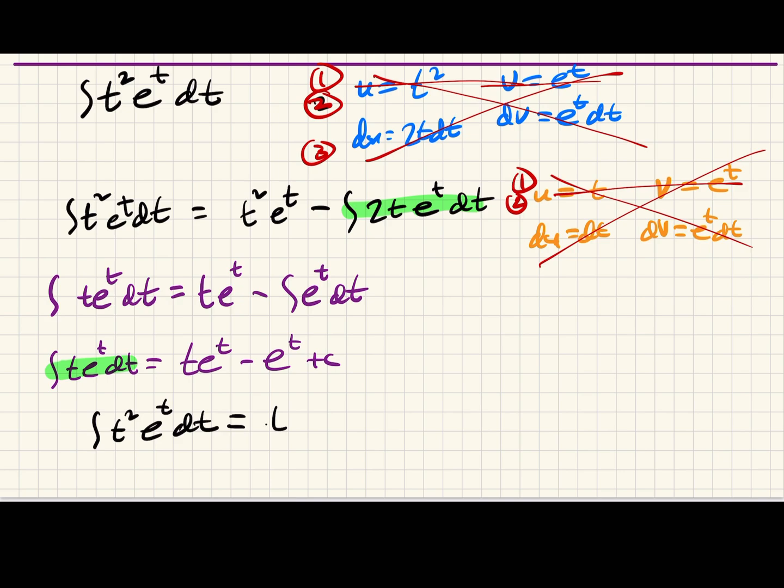That's going to be equal to t square e to the t minus 2 times what we have here, because that's the same as what we have above that. Everybody good? t e to the t minus e to the t plus some constant, which we can write on the outside.